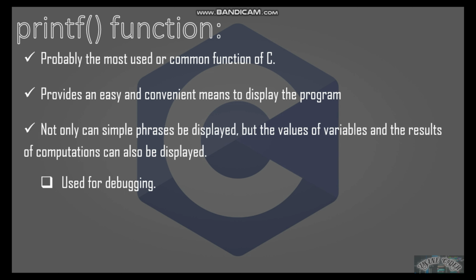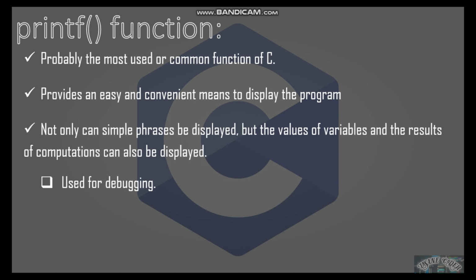But it's very easy, it's very convenient to also display program results besides just text inside quotes. You can also display values of variables and the results of computations. So what this means is it can be used for debugging. It can be used as a technique to display values of variables in your program while it's running. You can also use it to see where you are in your code as you're executing.